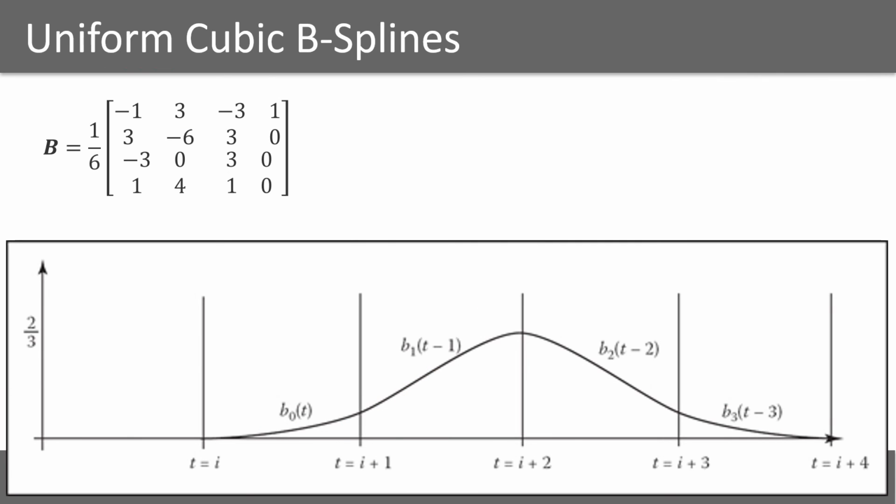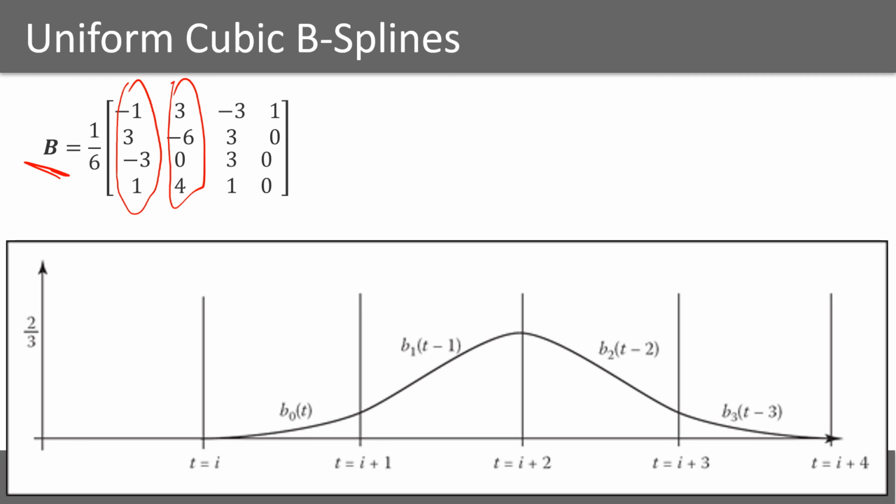We can also describe our B-splines through the basis matrix, as we have done before. So this will work in the same way: the first column will define the coefficients associated with the first polynomial, associated with the first point, the second column with the second point, etc. We can see here a cubic B-spline.